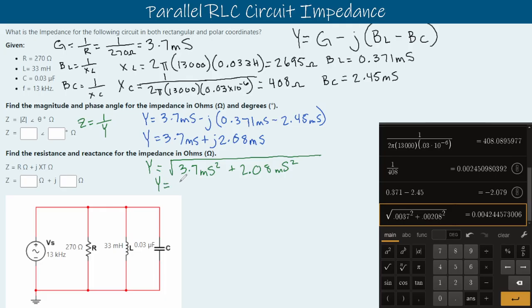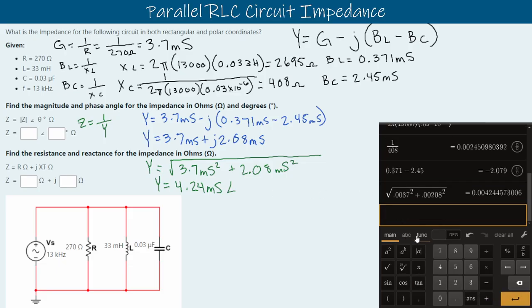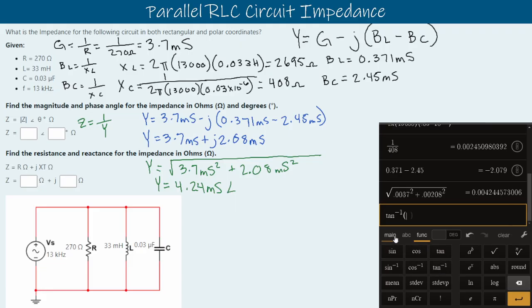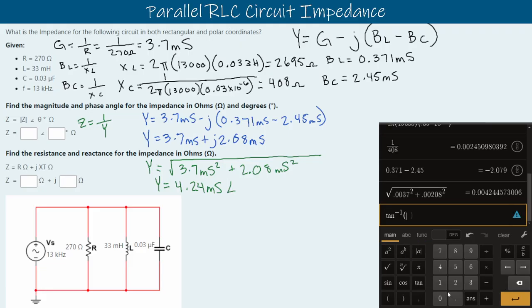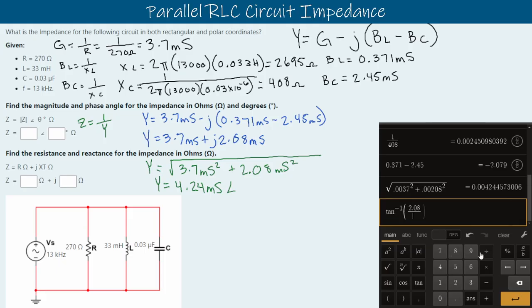So we'll say that our Y, admittance in polar form, is equal to 4.24 millisiemens. We need to find the angle of, and so that's our inverse tangent equation. We'll say inverse tangent of our B over A. So our B is 2.08 divided by our A of 3.7.